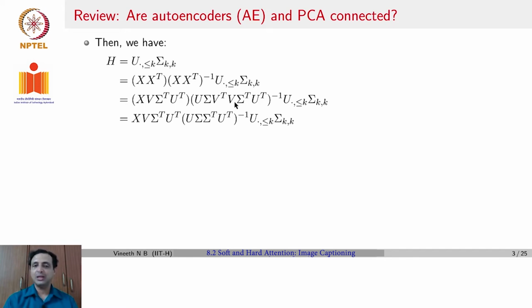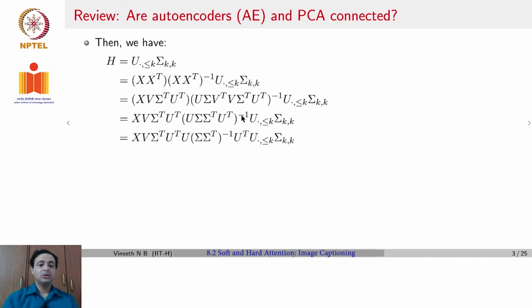Hence, V transpose V will be V inverse V, which means it should be I. So when this term is V inverse V, which is I, because V is an orthogonal matrix, that collapses and you're left with U sigma sigma transpose U transpose.